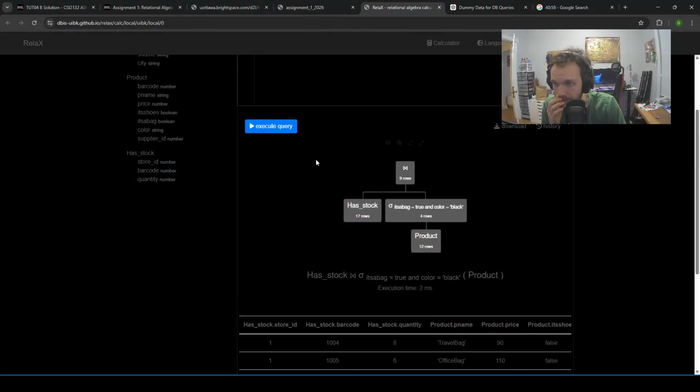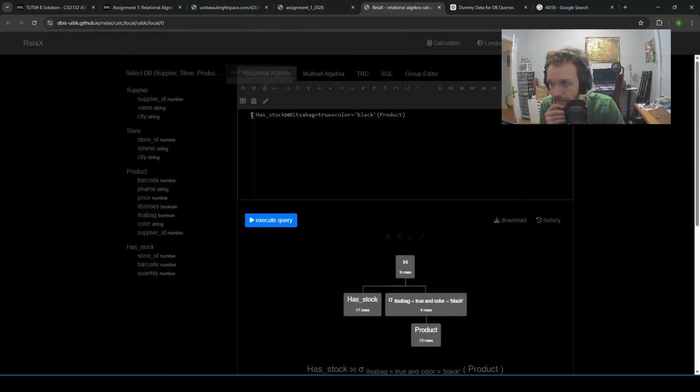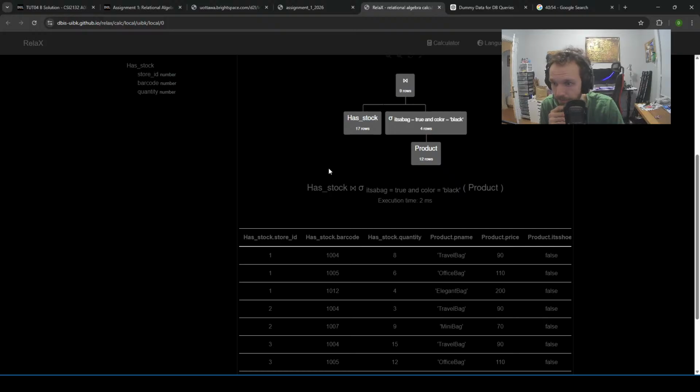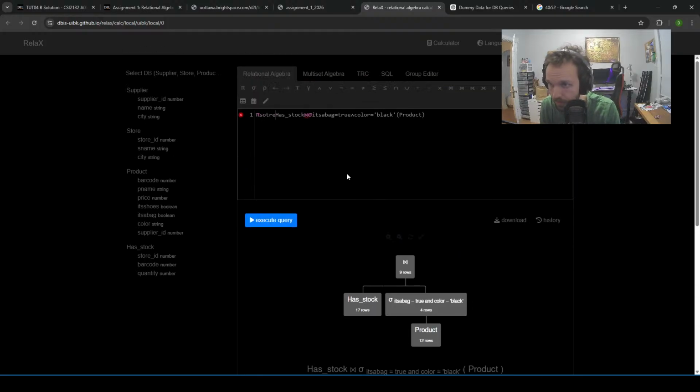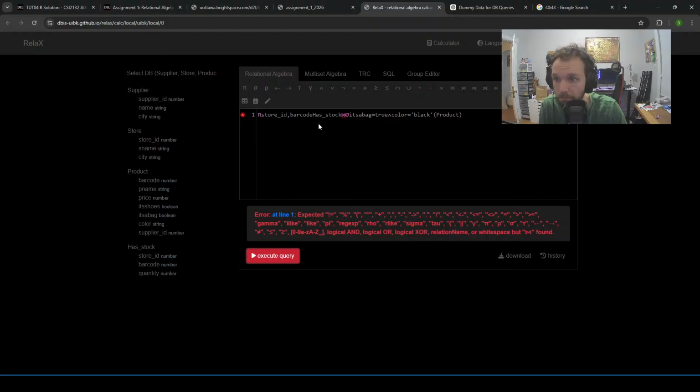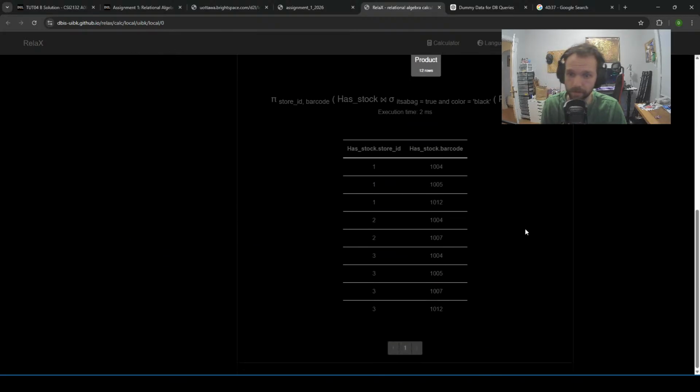So we'll simplify this and we'll just select store ID and barcode. Query. Okay. Stock, boom. Execute query. Sweet. Yeah, that is much more manageable.